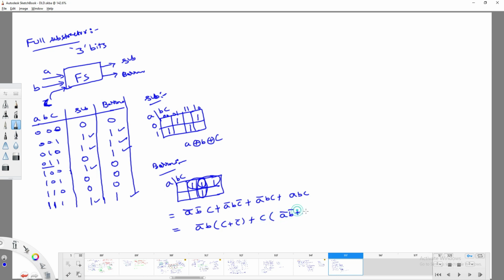You are going to get A bar B bar plus AB. So you are going to get A bar B plus, can I take this XNOR in terms of XOR? Yes, you can take out A XOR B whole complement dot C. Yes, we can do this, right? So basically up to here we can do, and this one you can do with the help of basic gates. We can construct it, there is no problem.